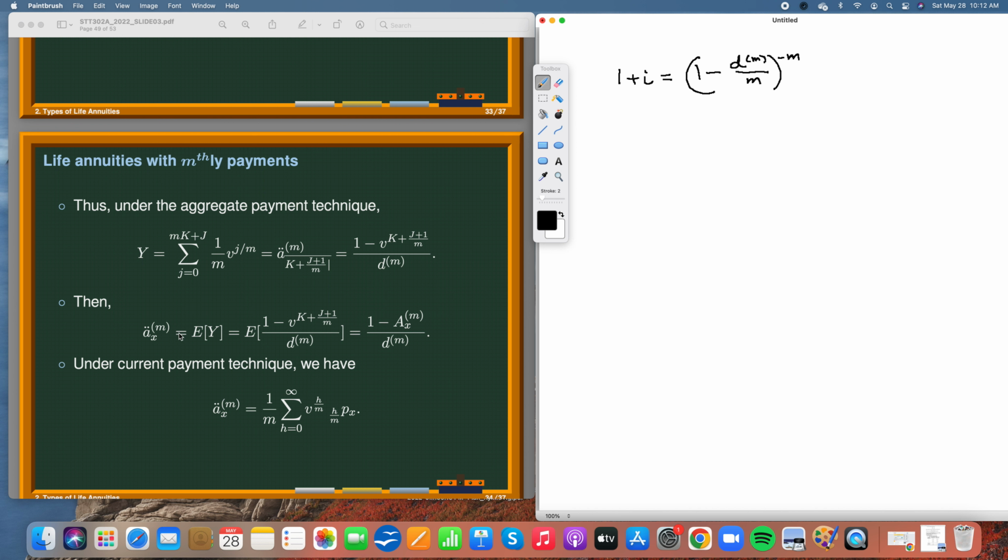So this is the net single premium for this whole life insurance payable at the end of each m-th of the year. And then under the current payment technique, this is going to be our form.